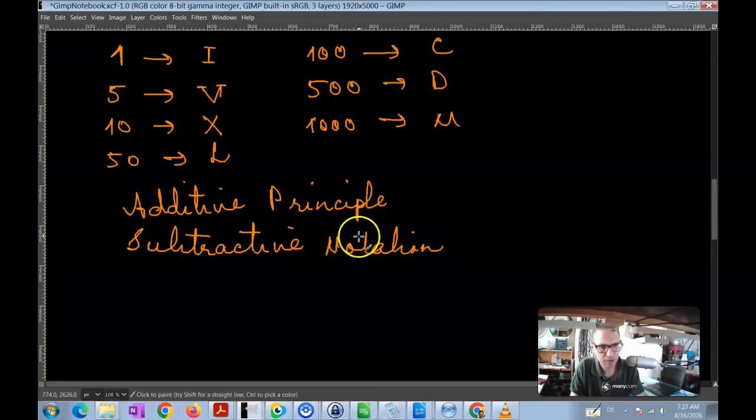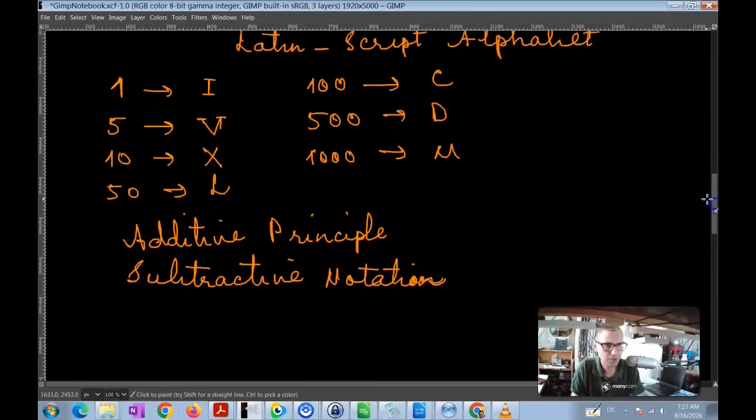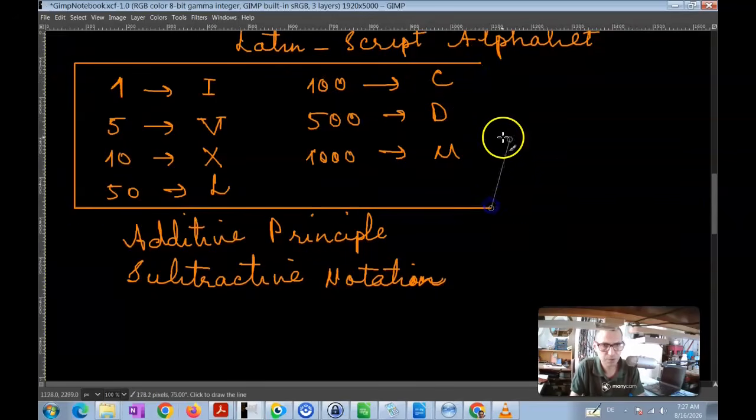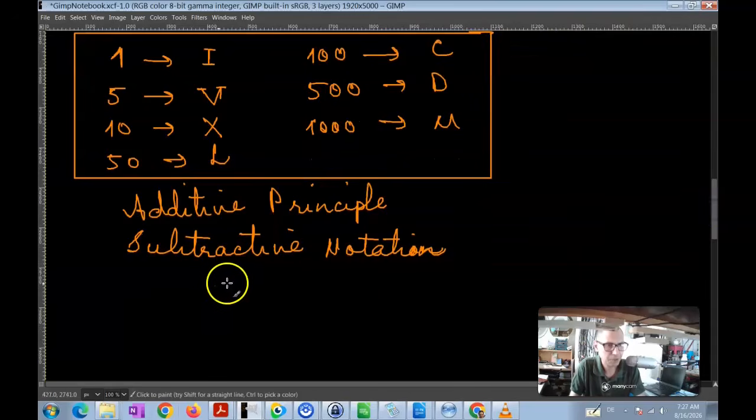Now the additive principle means that when you want to write a number, the only thing you can use is these characters that you see over here, right? Because there is no place value or positional system in this number system, suppose that you want to write a 3.